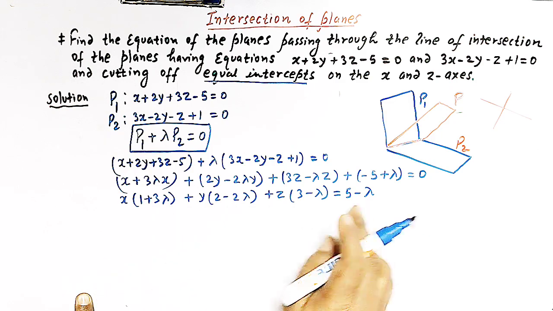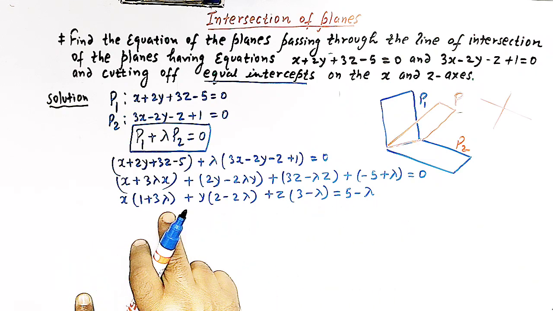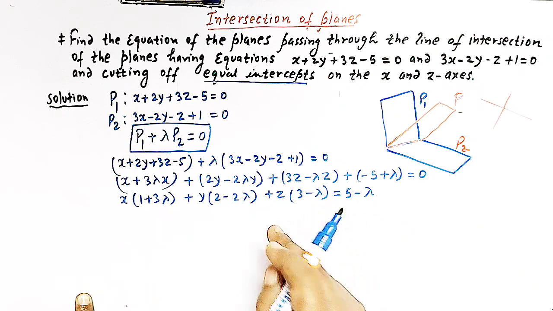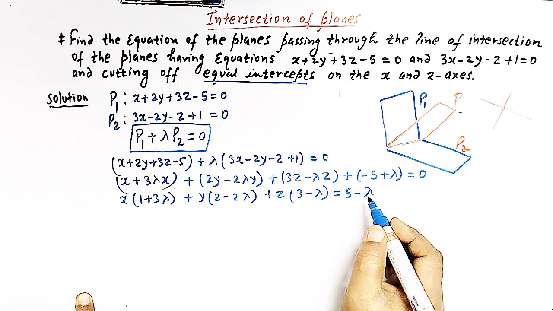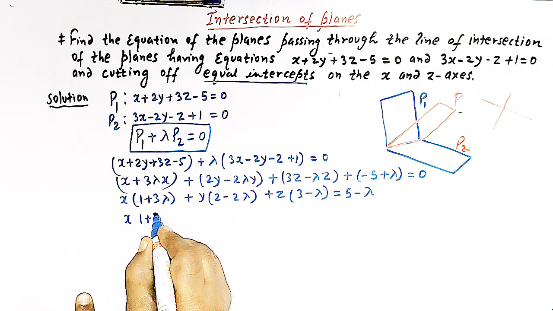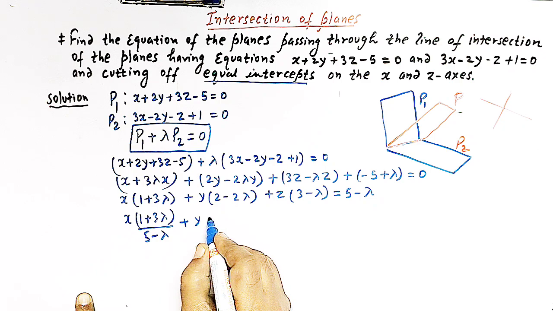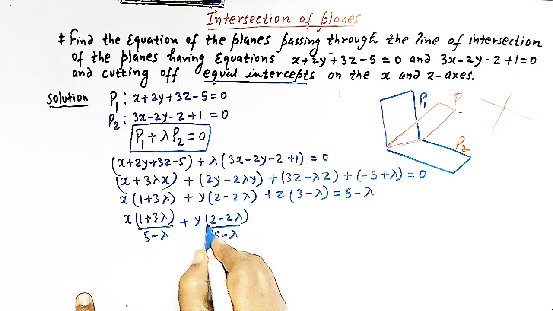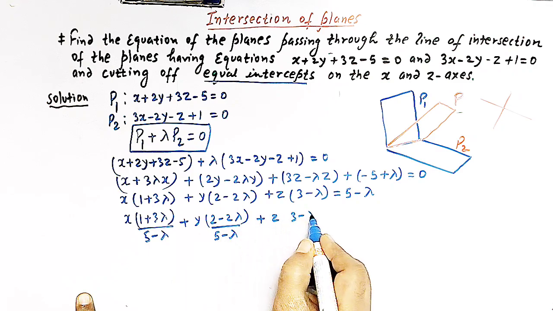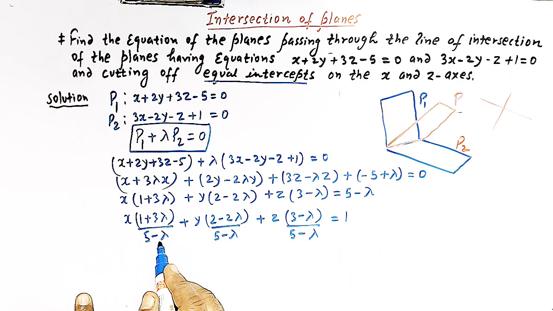Now let us divide both sides by 5 - λ, because we have to convert this equation into the intercept form of the plane. So we have x times (1 + 3λ)/(5 - λ), y times (2 - 2λ)/(5 - λ), and z times (3 - λ)/(5 - λ), equal to 1.